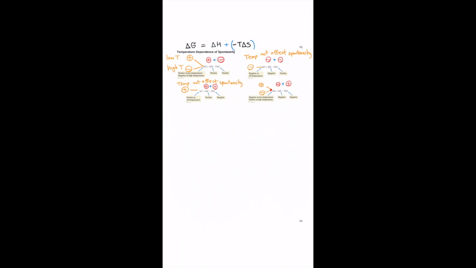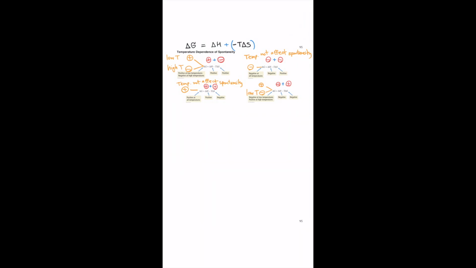The sign of delta G would depend on temperature. For example, at low temperature, when you have a low value of T, the positive term here would be a low value. Therefore, the negative value will be able to override the positive value. The overall delta G would be negative, indicating that at low temperature, the reaction would be spontaneous.